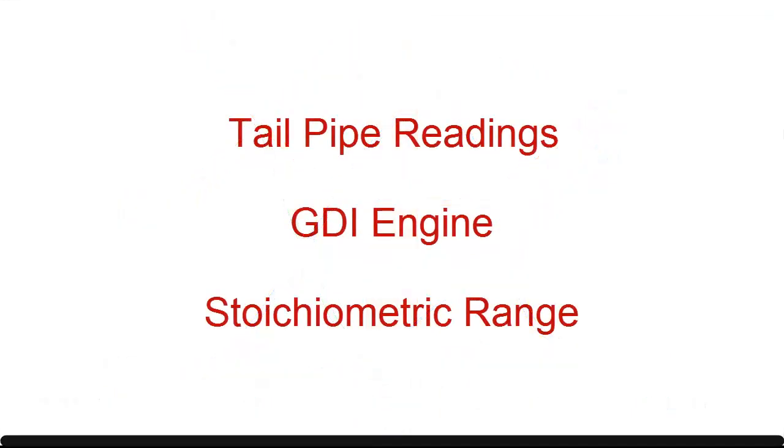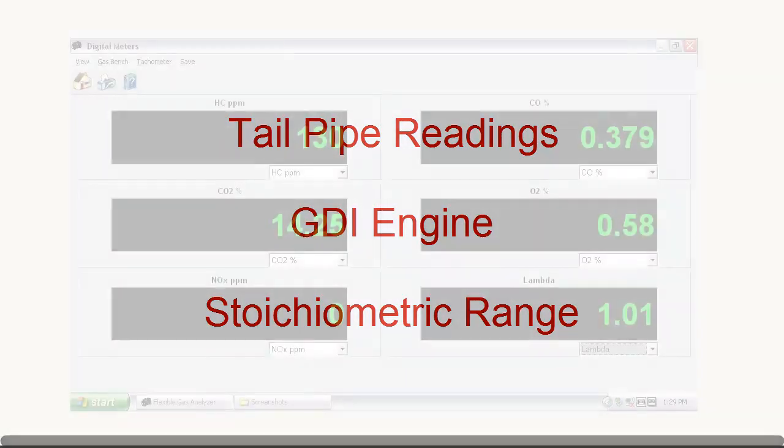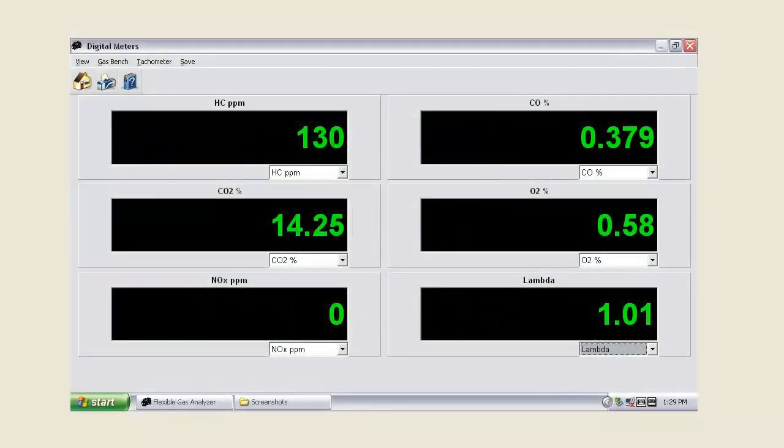Let's test a gasoline direct injected engine at the tailpipe. The engine is running in the stoichiometric range. Hydrocarbons 130 parts per million.